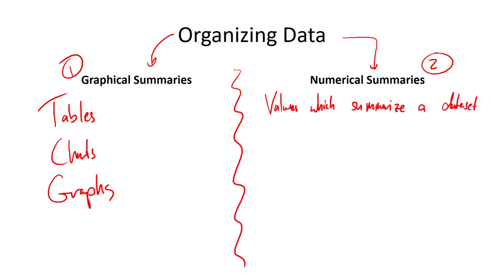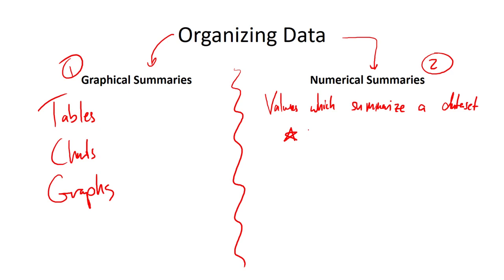So they're numbers that take a lot of data and simplify it down to some summary information. If I have a whole bunch of data about how many hours per week you work, I could show you everybody's response in a big table, or I could tell you the median or the mode or the average.